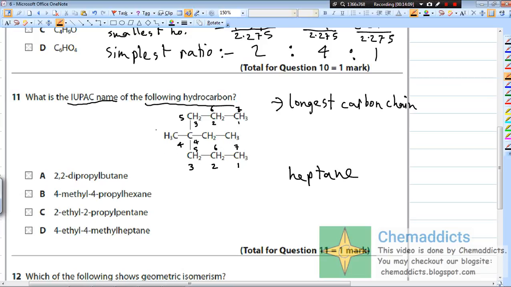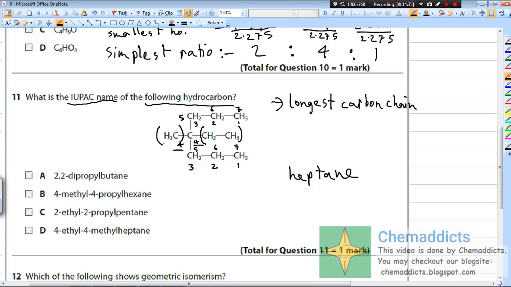Okay, so here, if we have noticed, there is one methyl group and one ethyl group on the 4th carbon atom. If we look carefully, no matter which way we have taken, this always ends up being the 4th carbon atom.